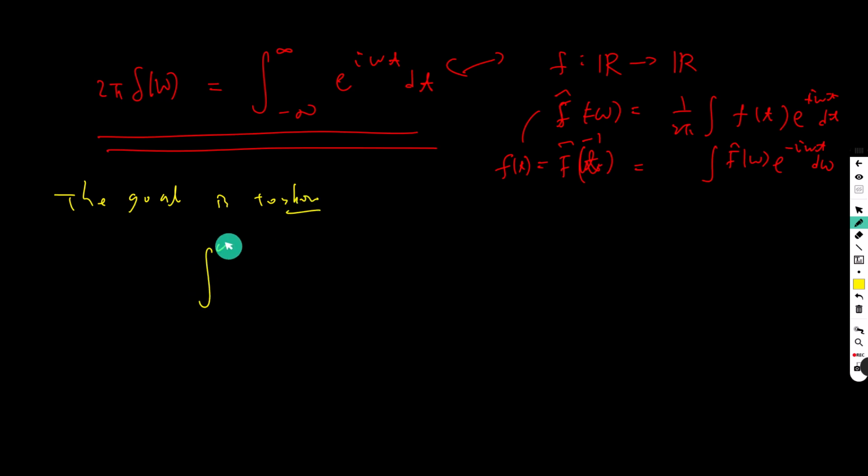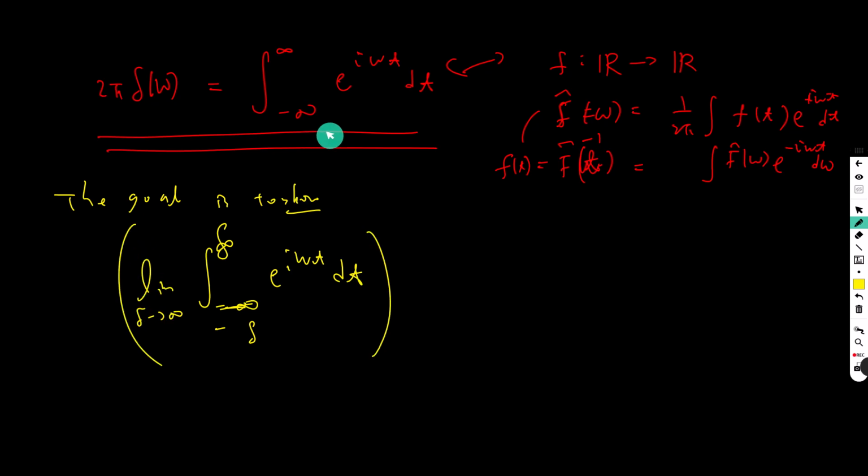If I take this guy with some finite cutoff, let's say delta, and take the limit as delta goes to infinity, I will assume that this is the delta function. So it should have every property the delta function has.